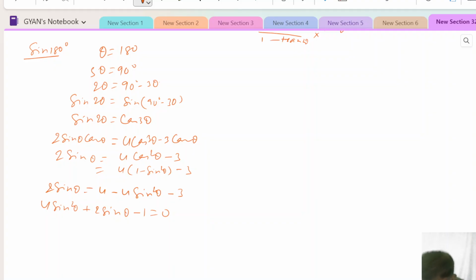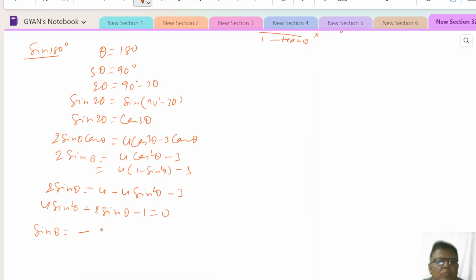So now what you do, this you convert into 4 sine square theta plus 2 sine theta minus 1 equals 0. So here you can find the value of sine theta immediately.